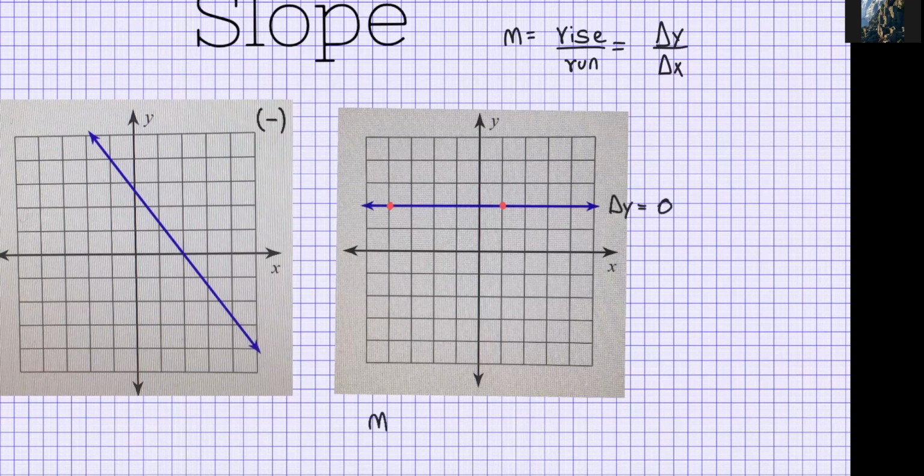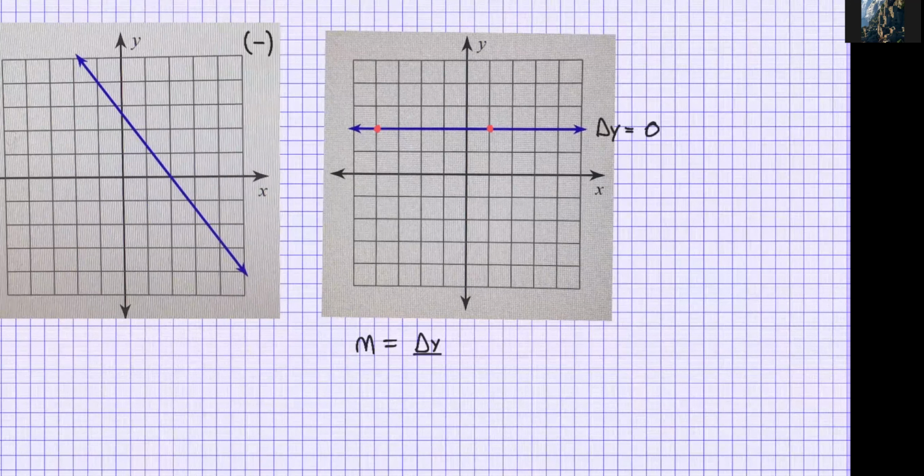So the differential on the altitude will be 0. If we try to calculate this using our formula, we will have that the change on y, the change on the vertical position, will be 0. And the change in x, it doesn't really matter. It can be any number.